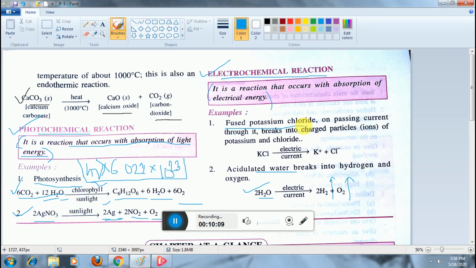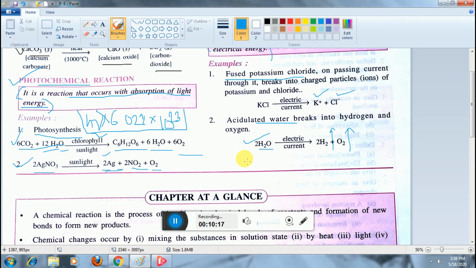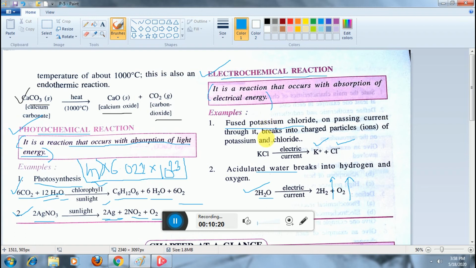Fused potassium chloride breaks into its constituents K+ and Cl- when electricity is passed through it. All these reactions are termed electrochemical reactions.